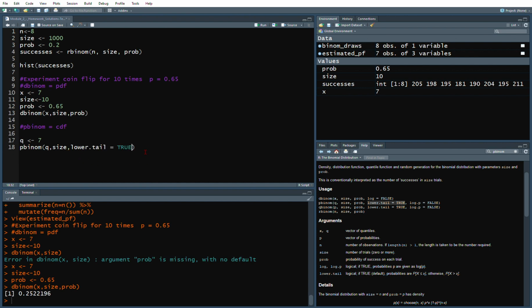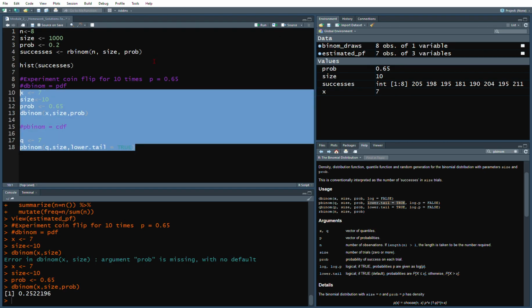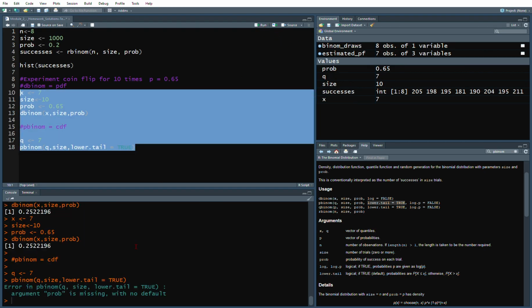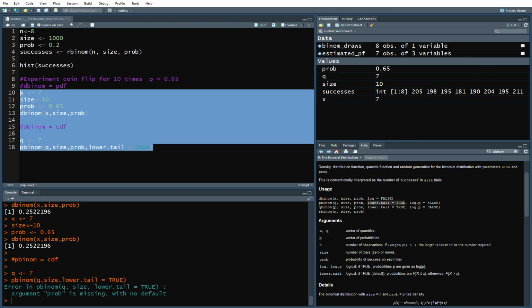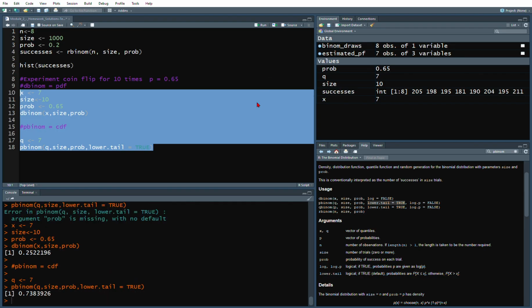So let's run this function. It says the probability is missing. Okay, pbinom, size, comma, probability. We need to put another argument called probability for this function, and let's run it again. Okay, it's 0.73, that is 73%, which is correct.